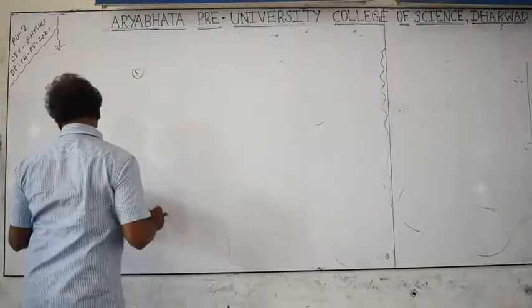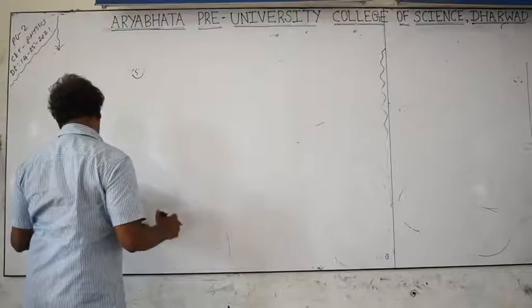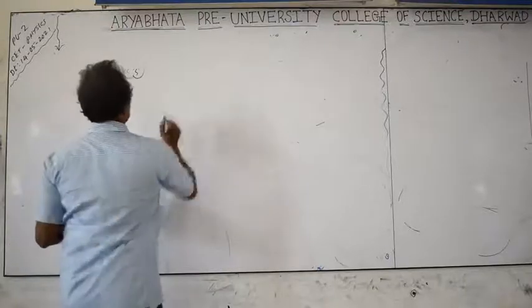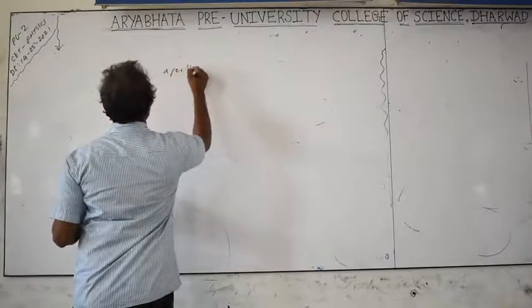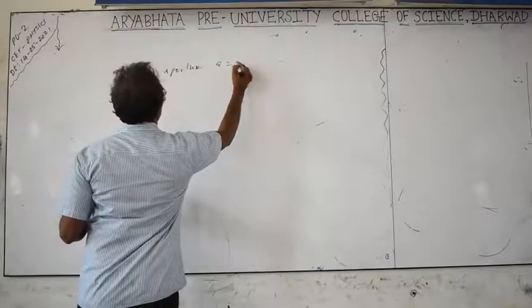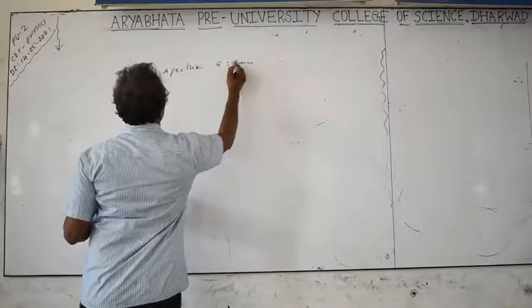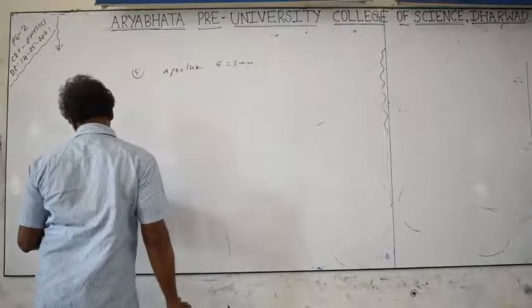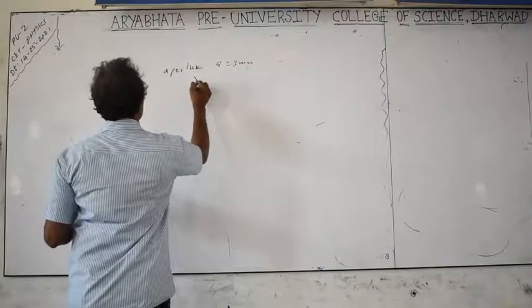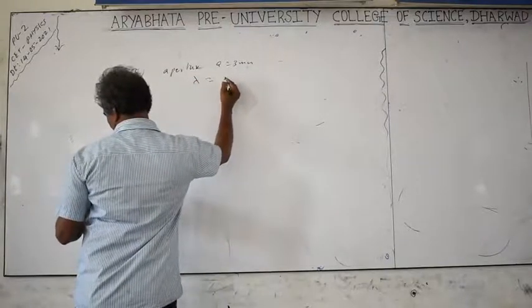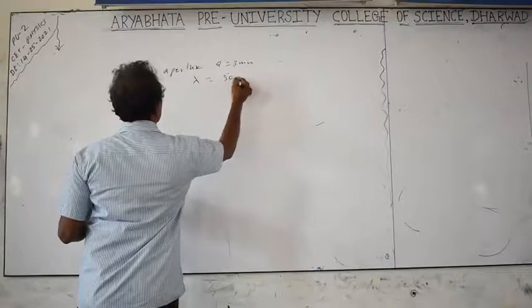For what distance is ray optics a good approximation when the aperture is 3 millimeters? You are given aperture size A equal to 3 millimeters, and the wavelength lambda is 500 nanometers.